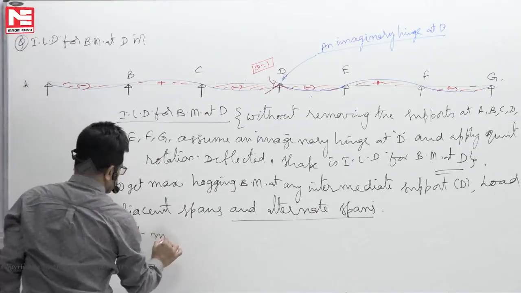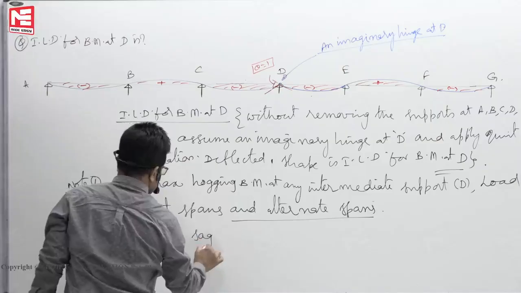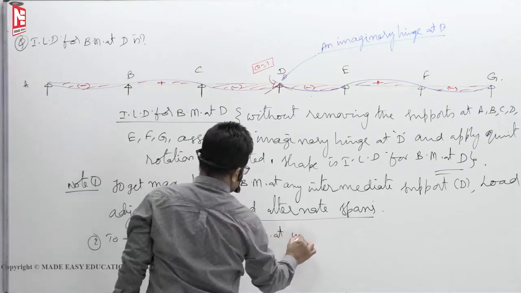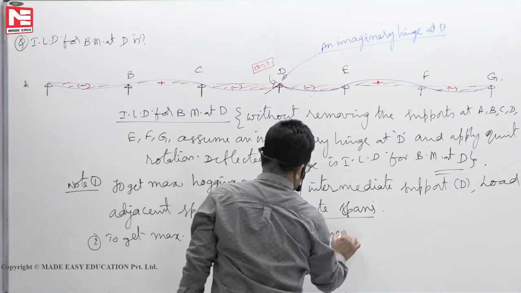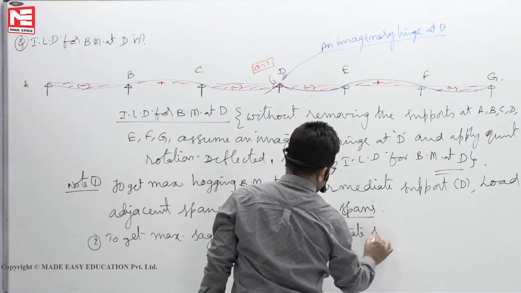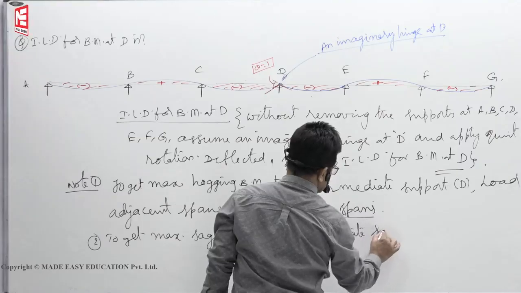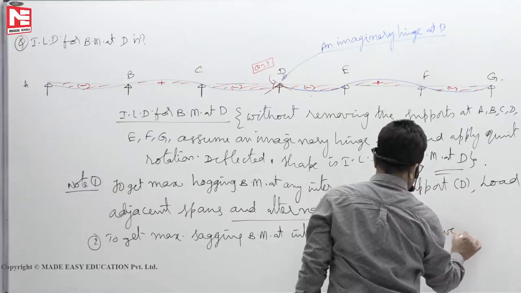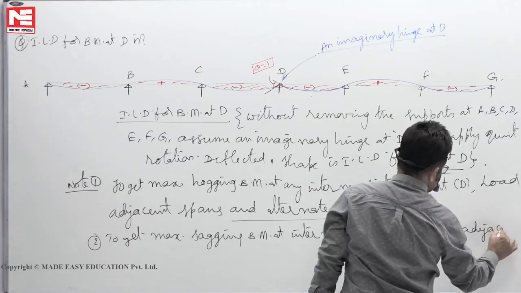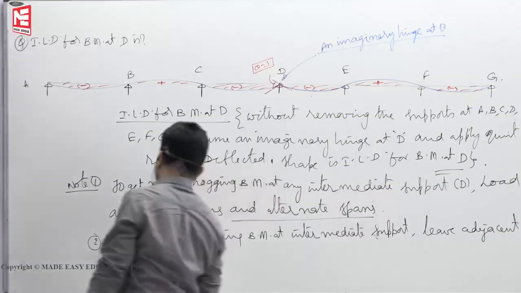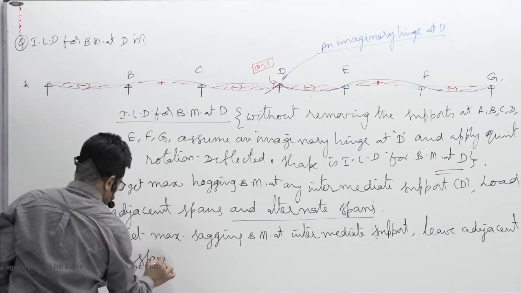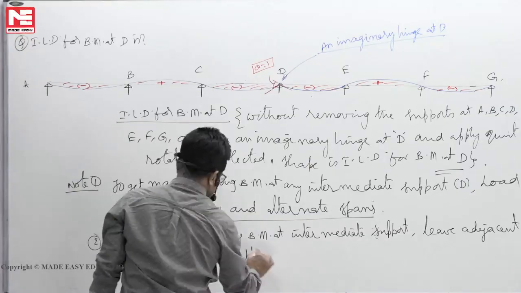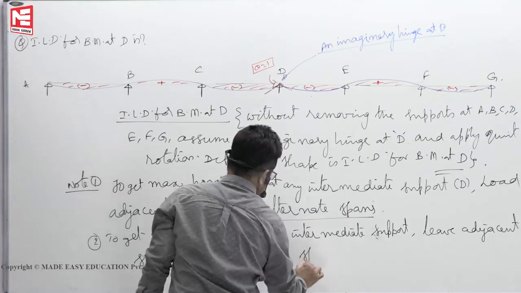To get maximum sagging bending moment at intermediate support, leave adjacent spans and load alternate spans.